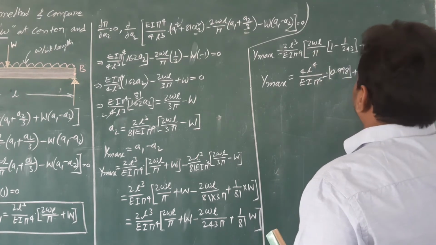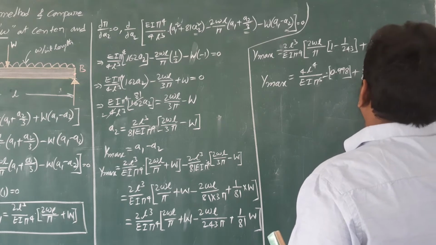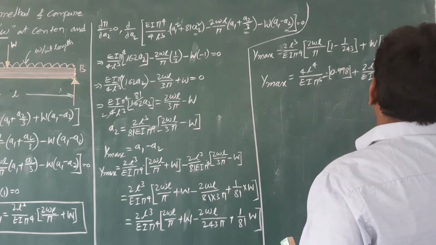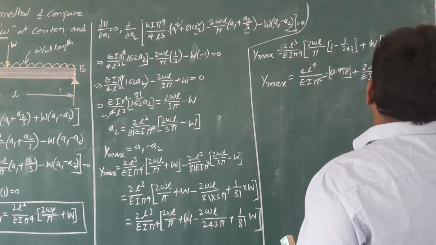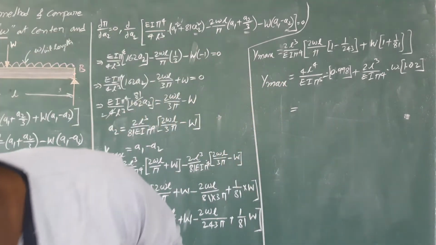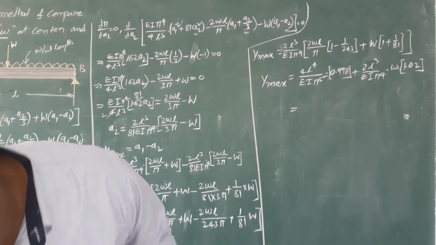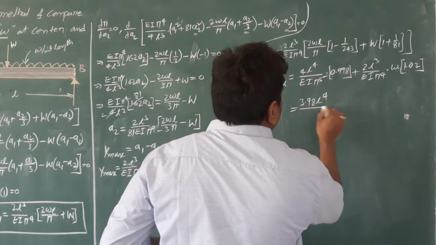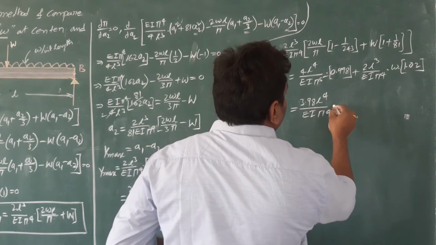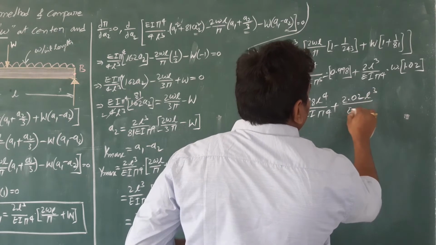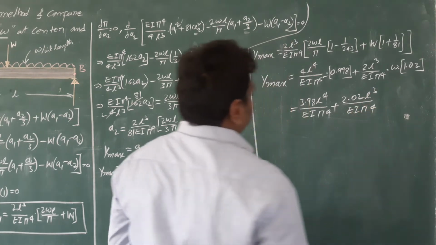Here 2L cube by EI pi power 4 into W into 1.02. Finally we got 3.98 L power 4 divided by EI pi power 4 plus 2.02 L cube by EI pi power 4. So this is finally what we got.